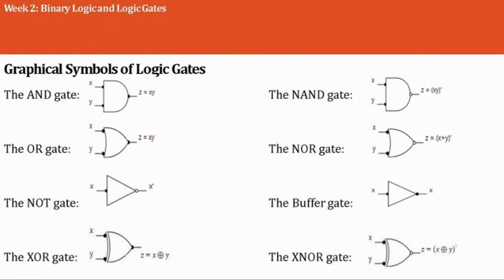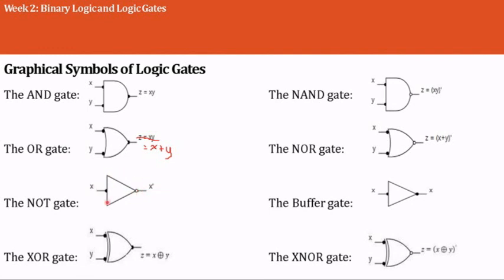This should be X plus Y. So Z should be equal to X plus Y. There. So this is the correct one.